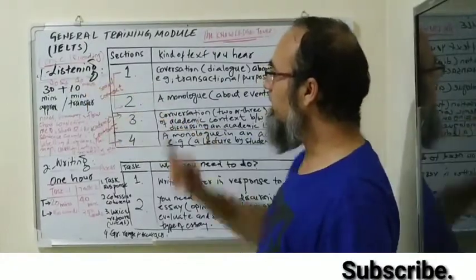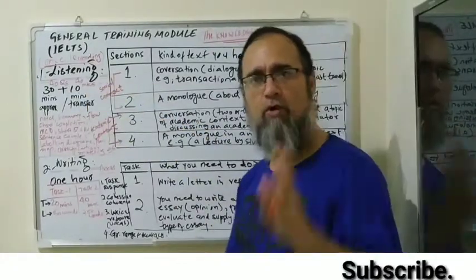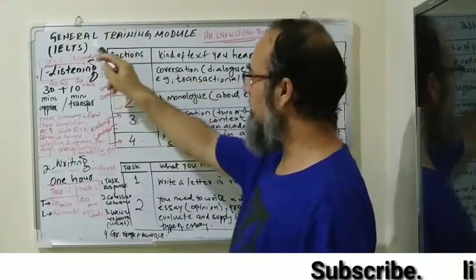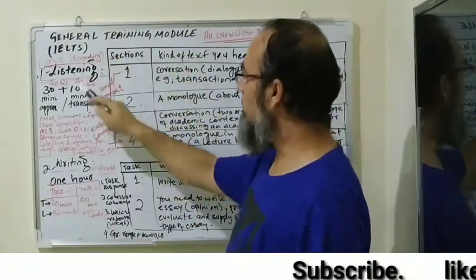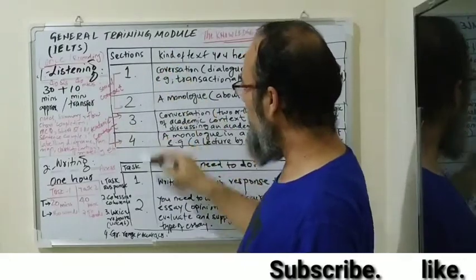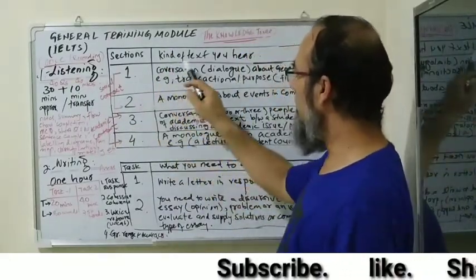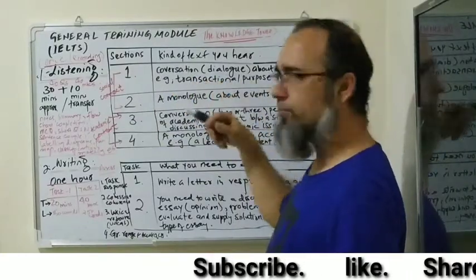Listening is one of the important skills and modules in IELTS assessment in the general training module. There are 4 sections. In section 1, what kind of text are you supposed to hear?